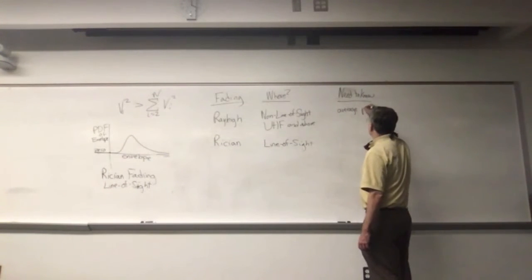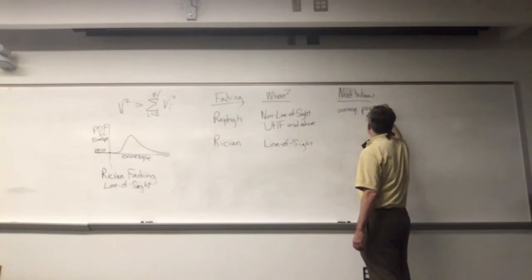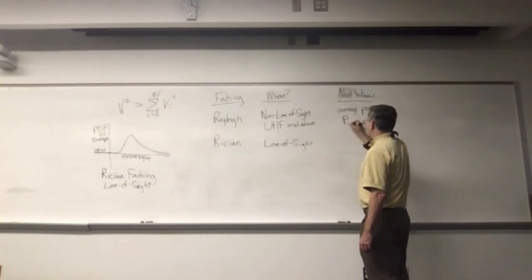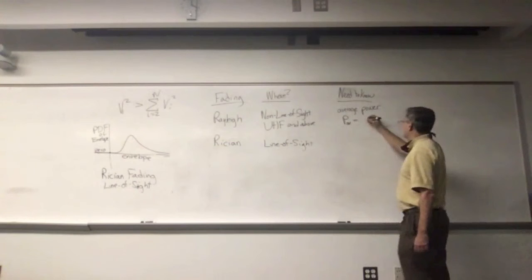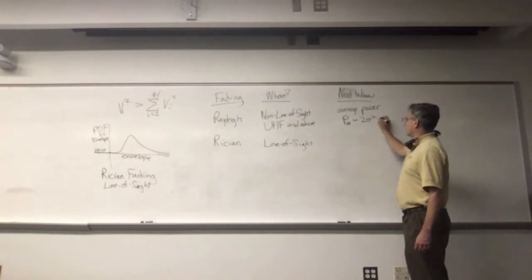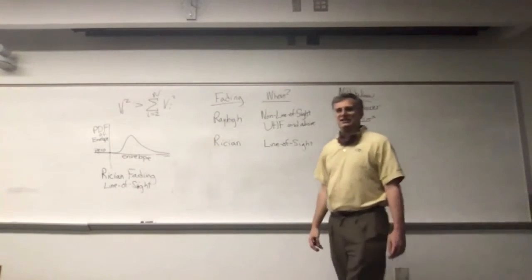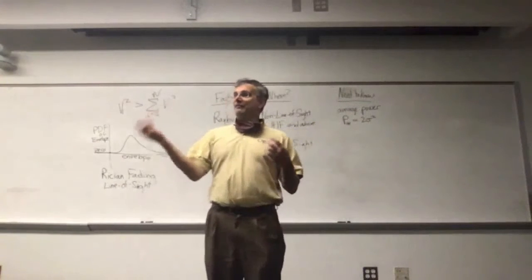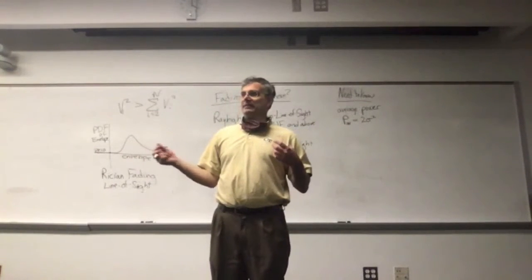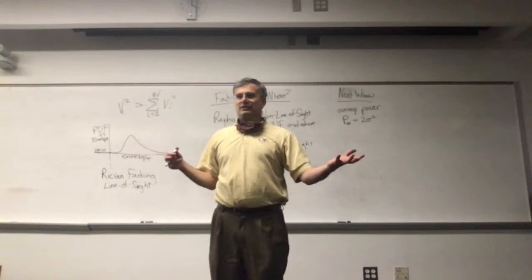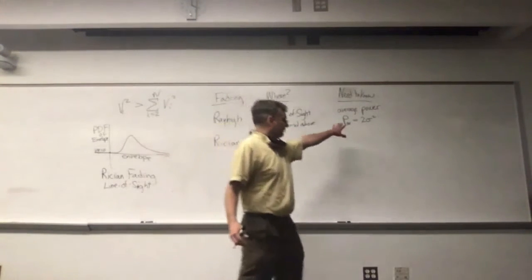Average power. If you knew what the average power was, the received power, you could solve for the standard deviation of those Gaussians, sigma. Remember that the envelope PDF was a function of sigma, and the exponential PDF was a function of the average power, but they're related, of course.